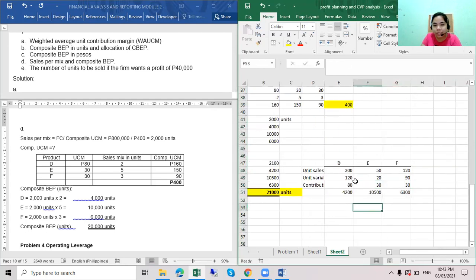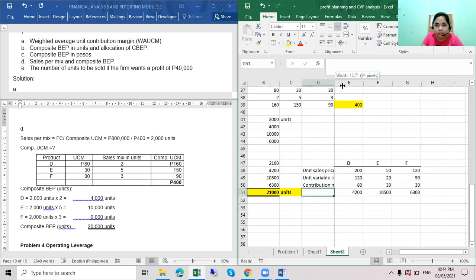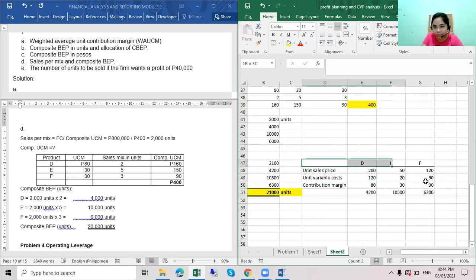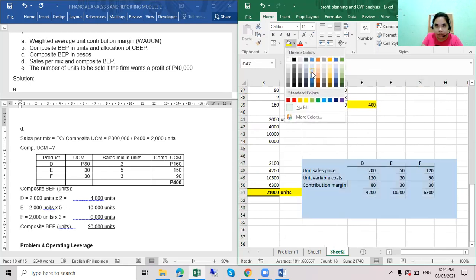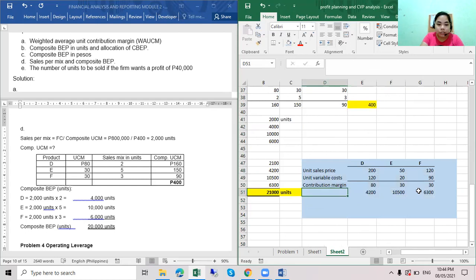Follow along, class. These are the units sold, equals the CM, the contribution margin in pesos.